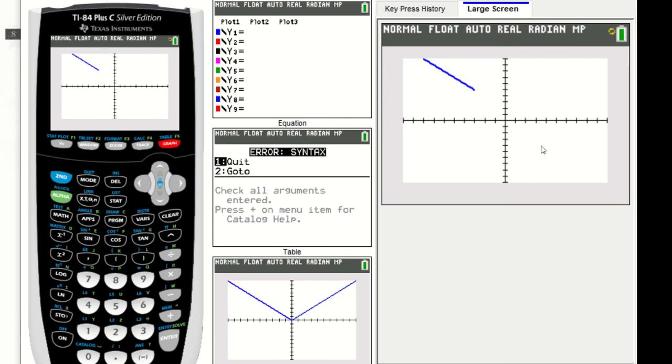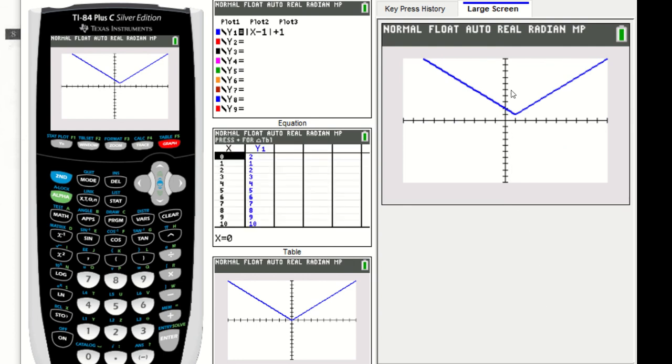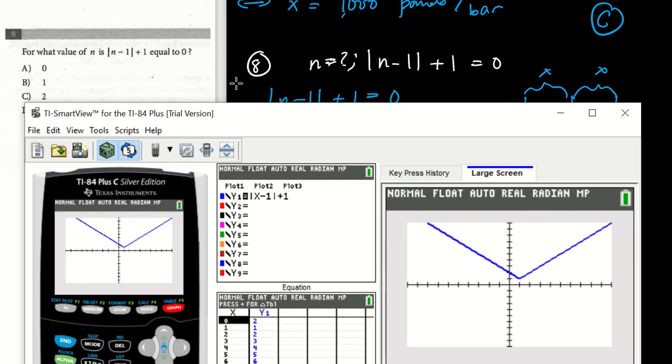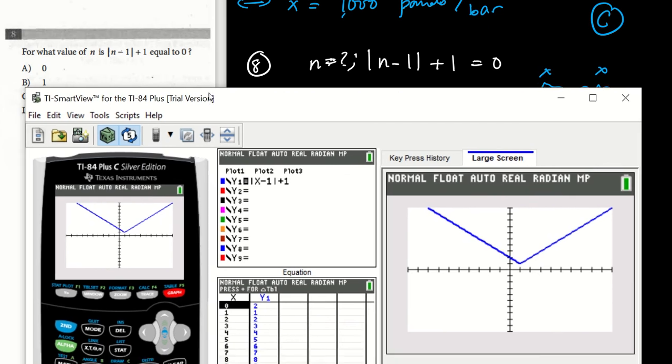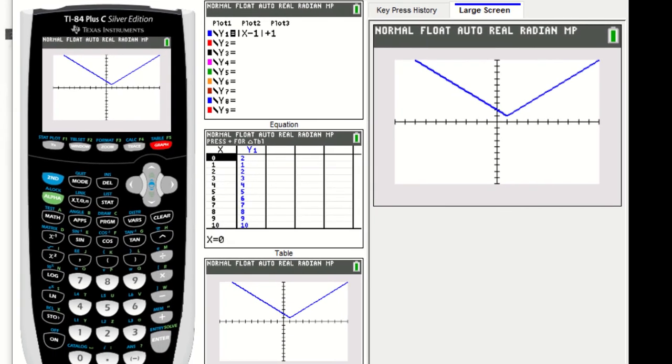So what you see is a graph like this. This is what your graph looks like, and when the problem asks us to find where it's equal to 0, what you would think about is essentially if you were to draw another line where y equals 0. If you just look at the x-axis, you want to see where it intersects the x-axis, and you see that there's no value of x where this is true.